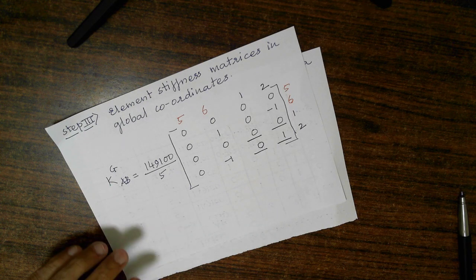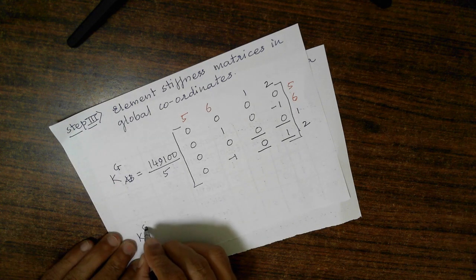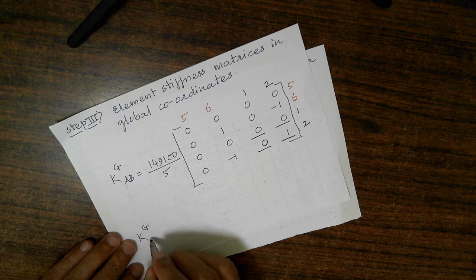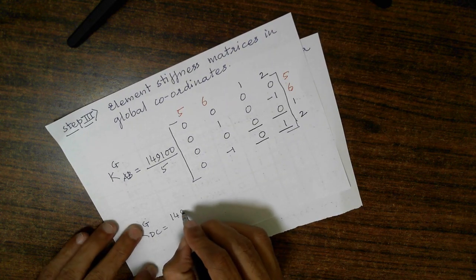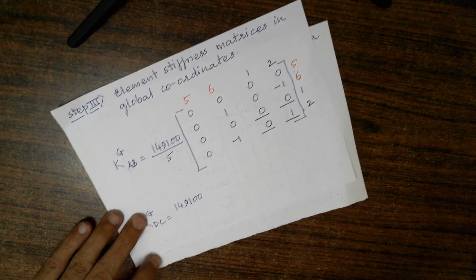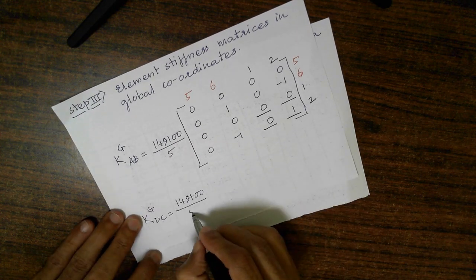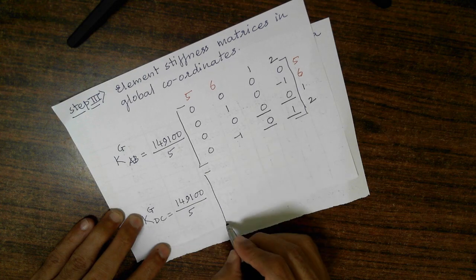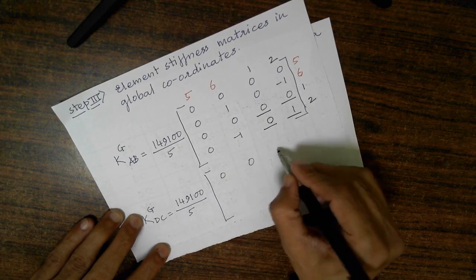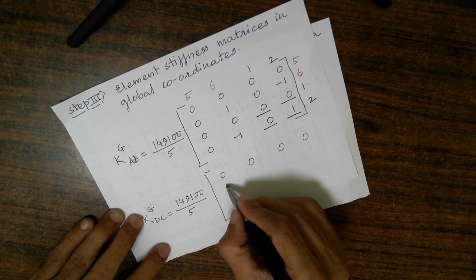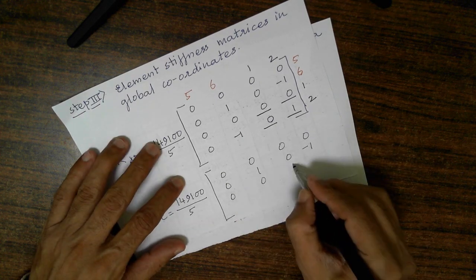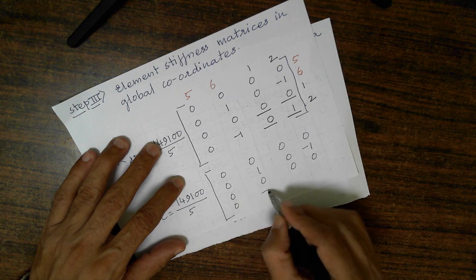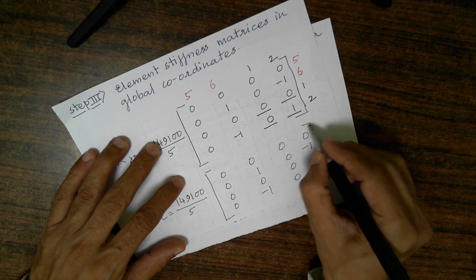Same thing, I can write K global for member DC. I know the properties of AB and DC are the same. AE is also the same, 149100 divided by 5. We will perform the calculations later. The matrix is the same: 0, 0, 0, 0, 0, 1, 0, minus 1, 0, 0, 0, 0, 0, minus 1, 0, 1.